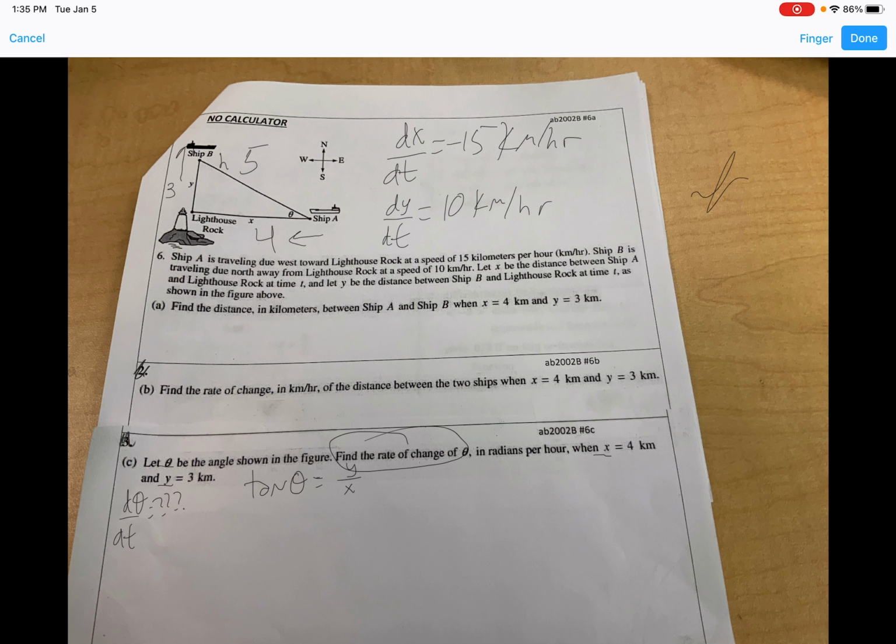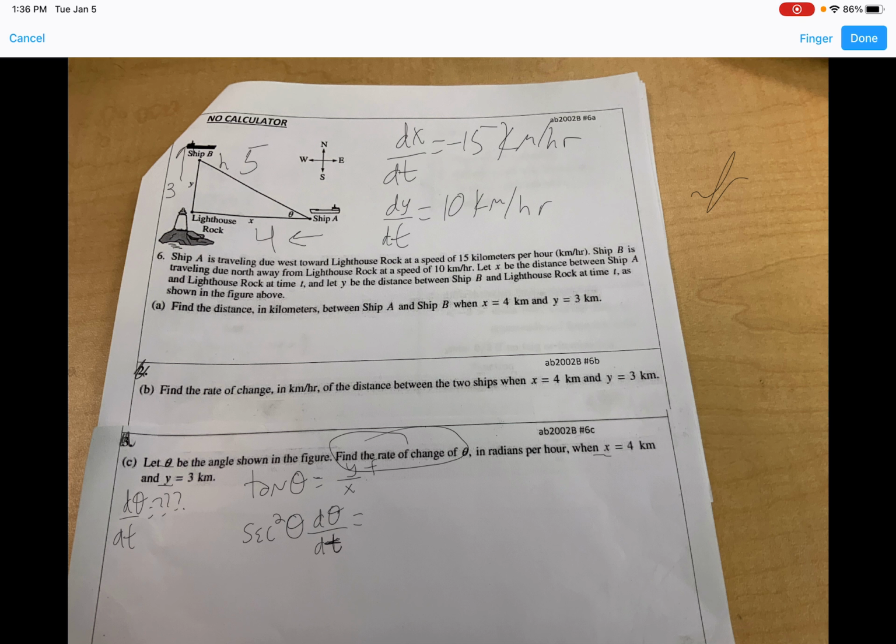Now I'm going to do step 4, which is to derive. So secant squared theta times my derivative coefficient. So I just derived a theta, so it's d theta dt. Remember, the numerator is the variable I just derived, and then the denominator is my independent variable for the situation. And then this is going to need a quotient rule.